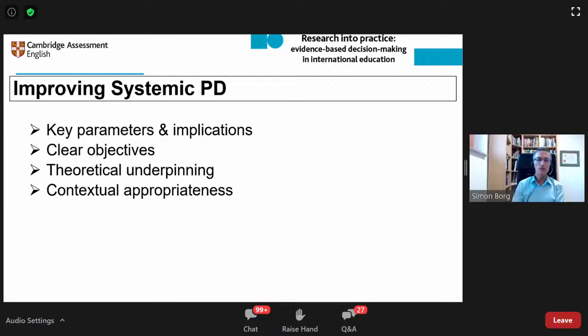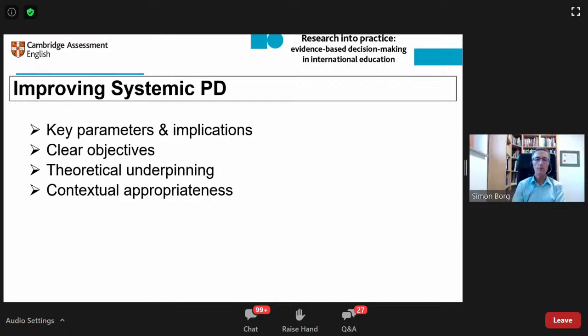However, it's equally important that theoretical ideals are balanced against contextual considerations. In fact, the design of effective professional development can be thought of as an attempt to reconcile theoretical considerations with contextual needs.